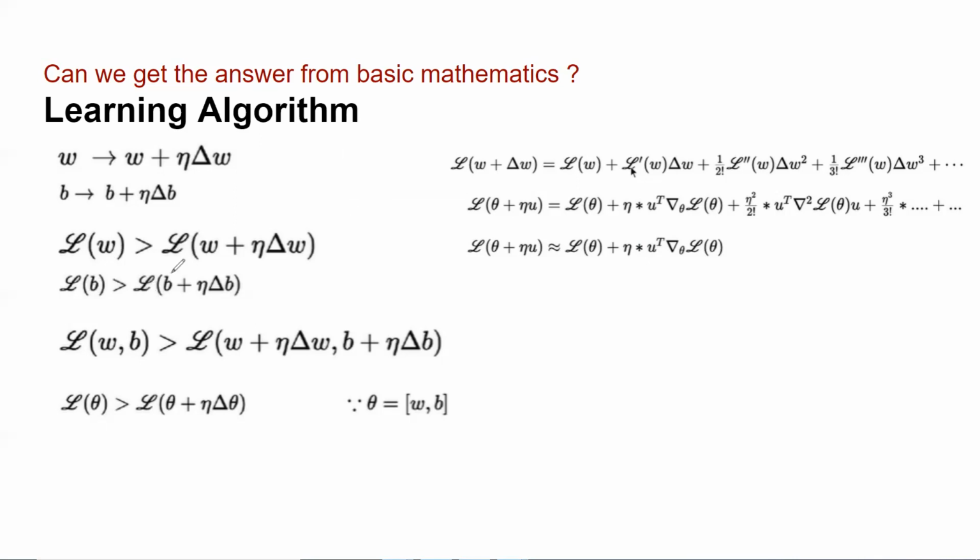And similarly, this goes for my b also. Now these two equations are reduced to this equation, and this equation is reduced to this equation because we already said that my theta is w and b. Till this equation, does anyone have any question?